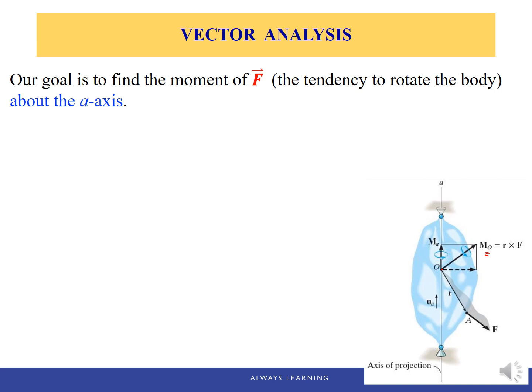Here in this example, we have a rigid body, an object with arbitrary shape. Assume this is a 3D shape, and we have the force F applied at point A on this body. We're looking for the moment of this force.